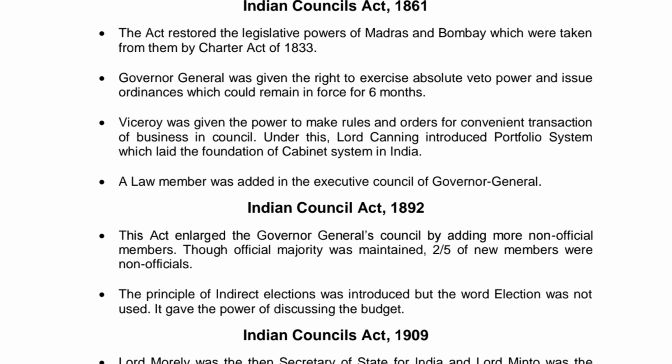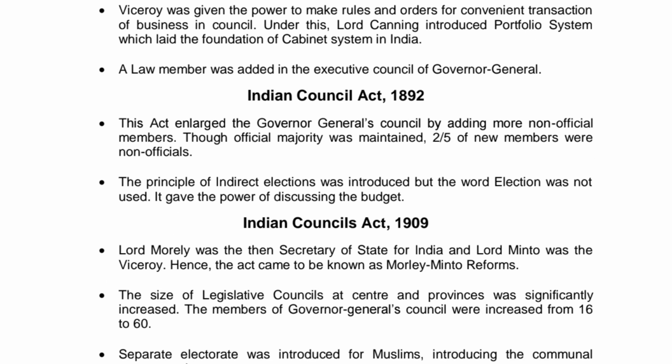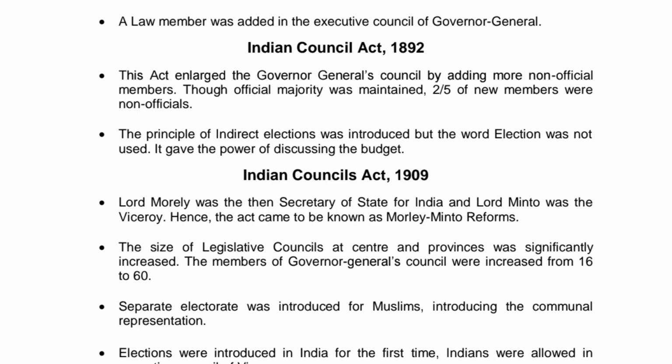The Viceroy was given the power to make rules and orders for convenient transaction of business in council. Under this, Lord Canning introduced the portfolio system, which laid the foundation of the cabinet system in India. A law member was added in the executive council of the Governor General. Next point is the Indian Councils Act 1892.